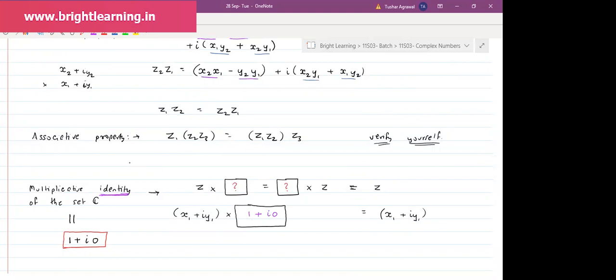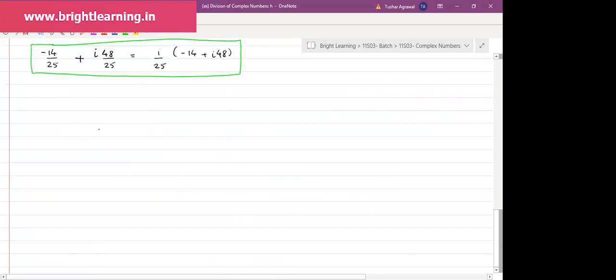Whether the distributive law is true for multiplication of complex numbers, how to verify that I will tell you. That part I will leave as homework to verify.